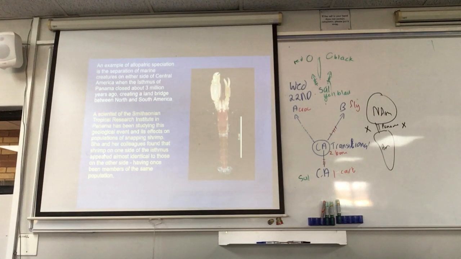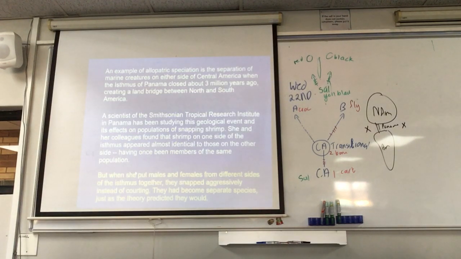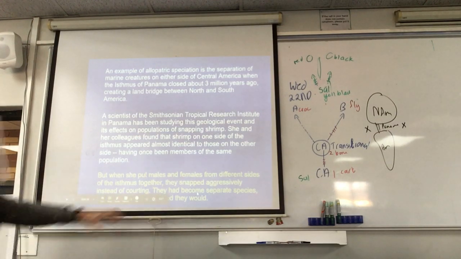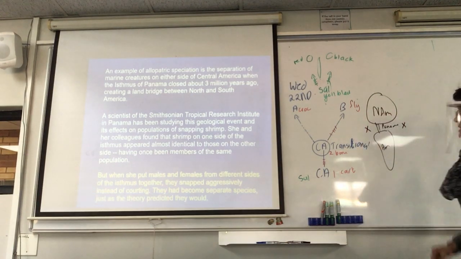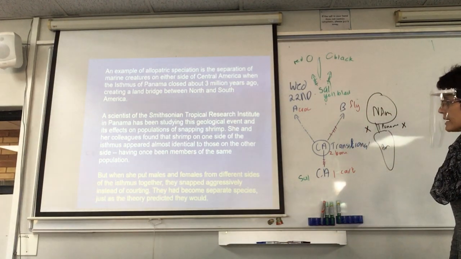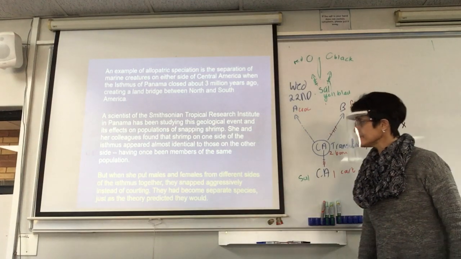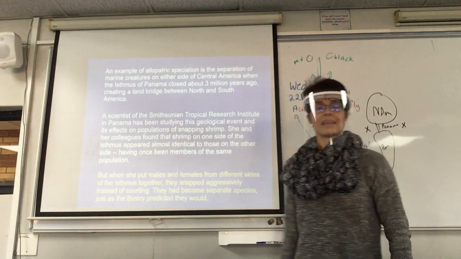She and her colleagues found that shrimp on one side of the isthmus appeared almost identical to those on the other side, so they were once of the same population. But when she put males and females together from different sides of that isthmus, they snapped aggressively. Instead of courting, they had become separate species, just as theory predicts that they would.